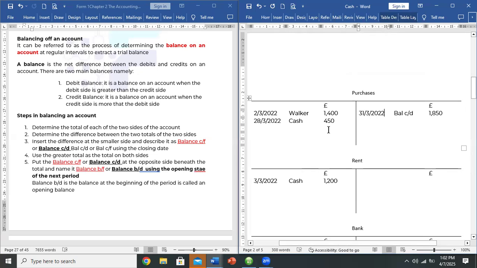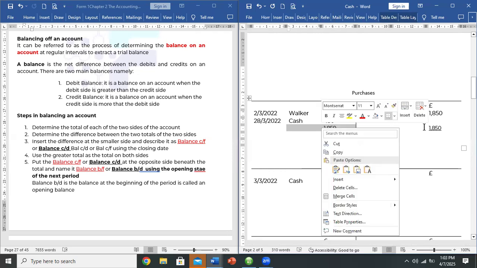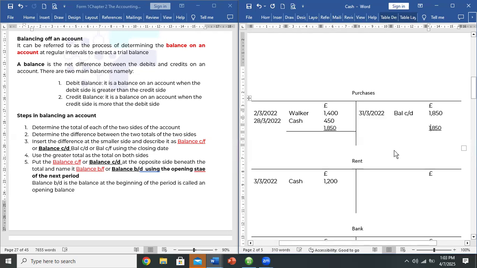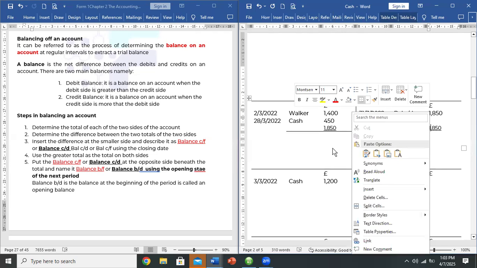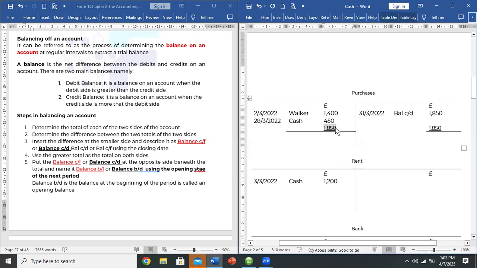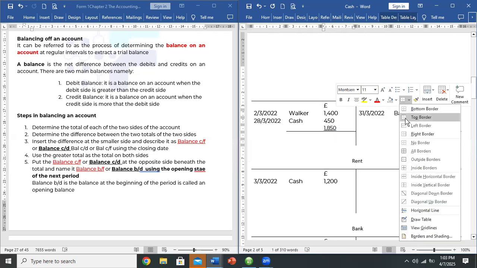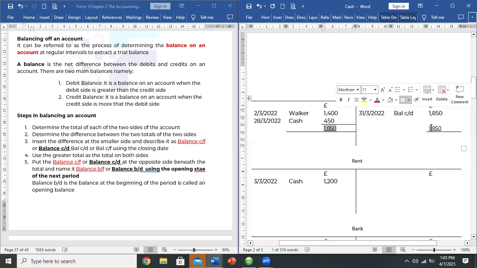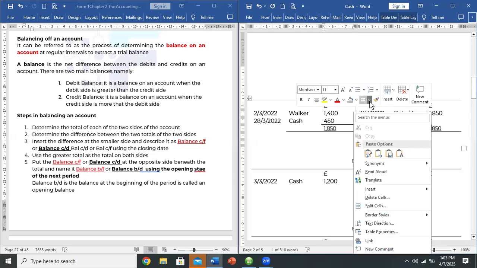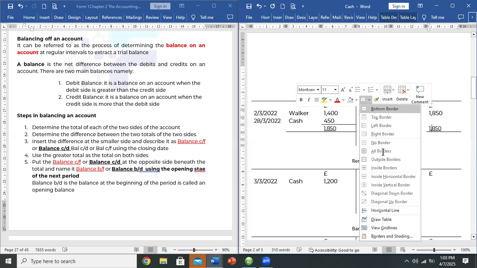Here you punch your total, which is 1,850. 1,850. You underline. Yes, and that is it.